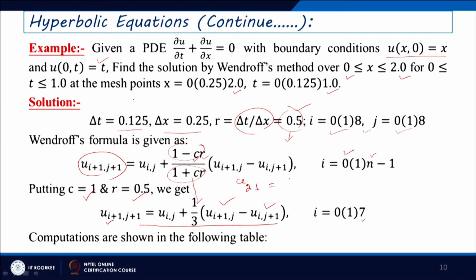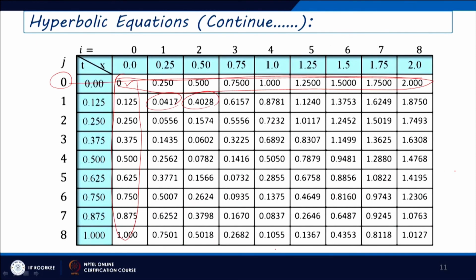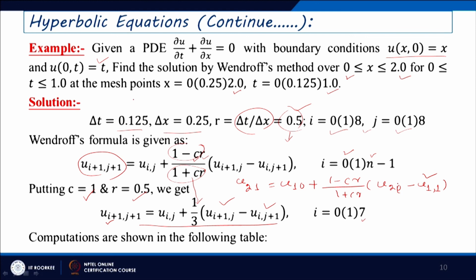So, we can write these values as u 1 0, which is taken as 0, plus 1 minus CR by 1 plus CR, and since the i value is taken as 1, it can also be written as u 2 0 minus u 1 1, where j plus 1 means 1. This u 1 1 value can be taken from the previous step of calculation, and u 2 0 means i equals 2 and j equals 0, which can be taken from the initial condition. Then we can obtain the value of u 2 1.